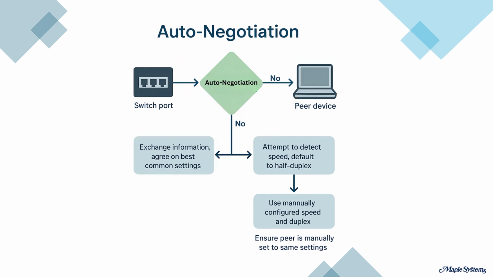So if the peer device does not support auto negotiation or has it disabled, the switch port will attempt to detect the speed based on the signal, but will default to half duplex mode. When auto negotiation is disabled on the switch port, it will use the manually configured speed and duplex settings. In that case, you must ensure the peer device is manually set to the same speed and duplex mode, or the connection may fail or perform poorly.